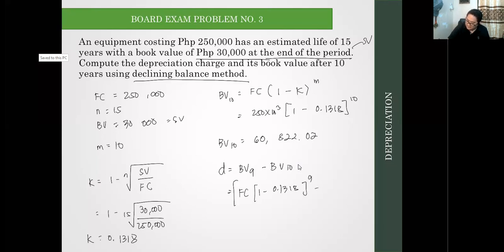Minus natin yung na-compute na natin na 60,000. Okay. So FC natin doon, substitute 250,000. 1 minus 0.1318 raised to 9 minus yung 60,000. That is 9,245.02. So this will be our depreciation charge needed for the problem.